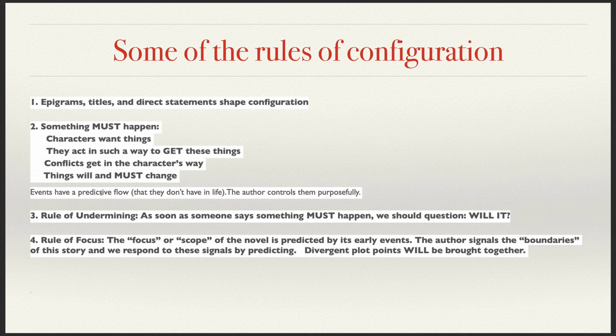Number 2, something must happen. Things happen, they have reasons, they have roots and causes, they have consequences. We don't expect people to be unchanged. We expect characters to be changed. We expect characters to want things and to act in such a way to get the things that they want. A lot of times they get blocked in what they want, and things will and must change.